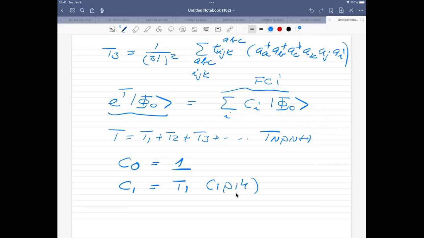If I look at C2 and the terms which I get when I do the Taylor expansion of the exponential, there will be a two-particle, two-hole term to the order C2. So our C2 here in FCI is simply the two-particle, two-hole excitation. But from the exponential development I also get a T1 squared.